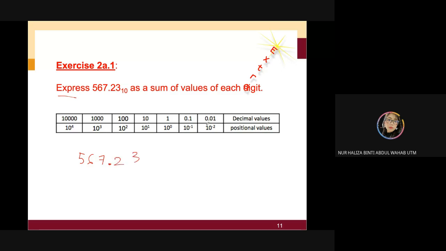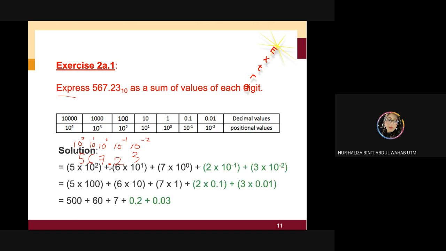This is 10 to the power of minus 2, 10 to the power of minus 1, 10 to the power of 0, 1, and 2. Of course, you just need to multiply it later on, and then you will add. So this is your answer, and it will be proper to put the same similar value at the end.